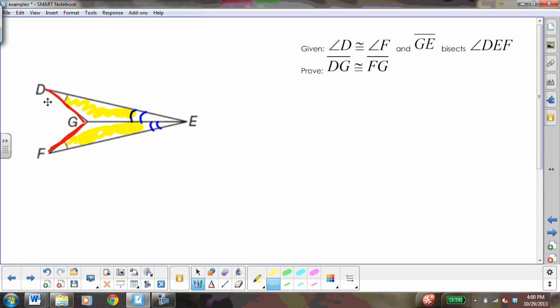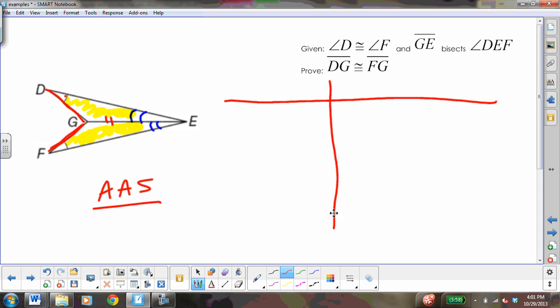Because if those two triangles are the same, then the corresponding parts of the triangles also have to be the same. So first I have to prove the triangles are congruent because of what looks like angle side. Once I prove that the triangles are congruent, then I can say that DG is congruent to FG because of CPCTC.